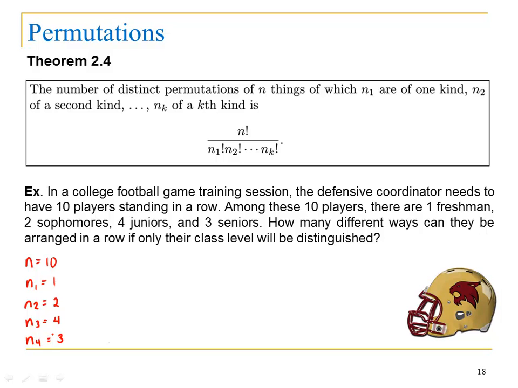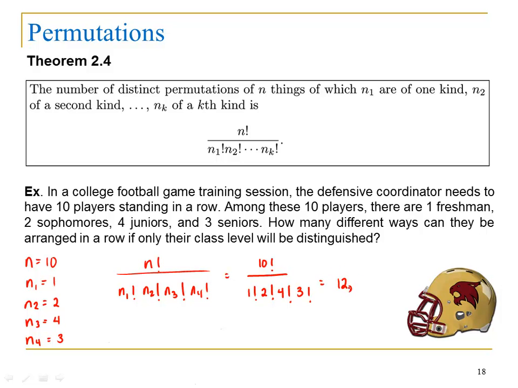So what you do is just look at the total number factorial divided by n1 factorial, n2 factorial, n3 factorial times n4 factorial. In this case, that is 10 factorial divided by 1 factorial, 2 factorial, 4 factorial times 3 factorial.